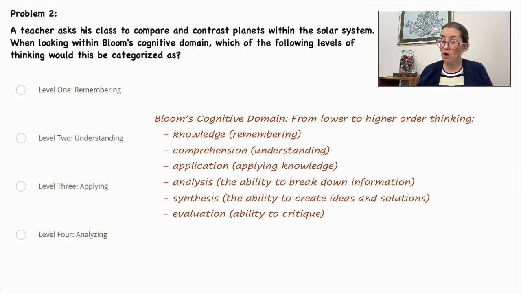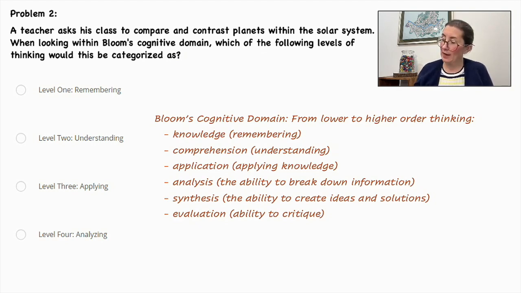It starts with knowledge, remembering, then comprehension, which is understanding, application, which is applying that knowledge, analysis, which is the ability to break down information, synthesis is the ability to create ideas and solutions, and finally we have at the top evaluation, which is the ability to critique.